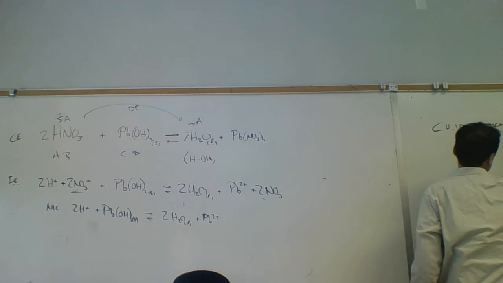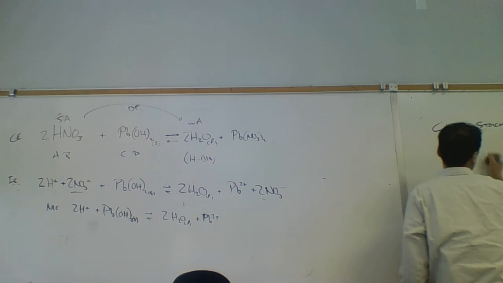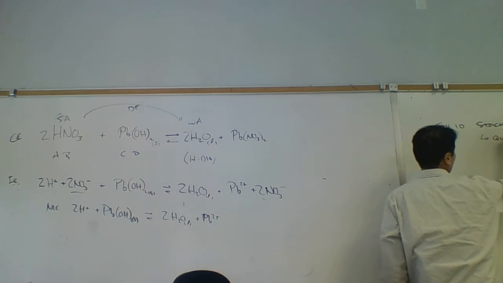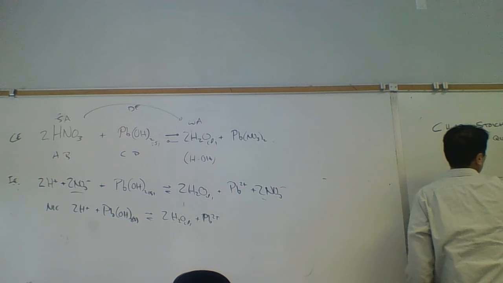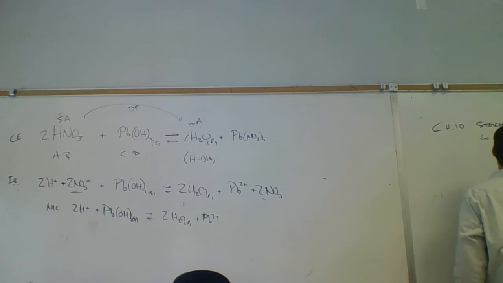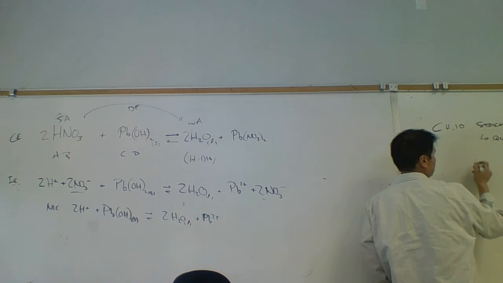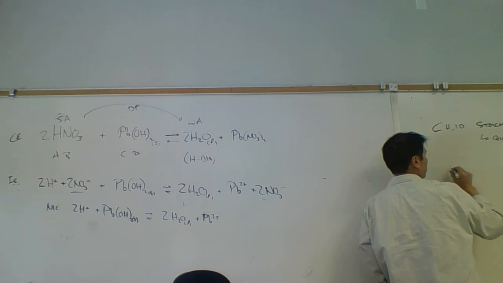Stoichiometry is what we call quantity relationships. And the quantity relationships are going to be in different forms.